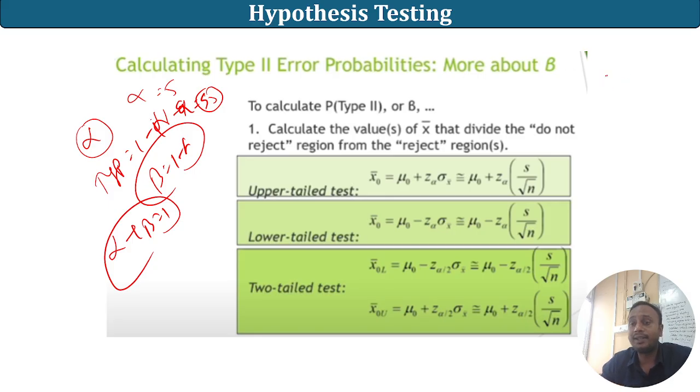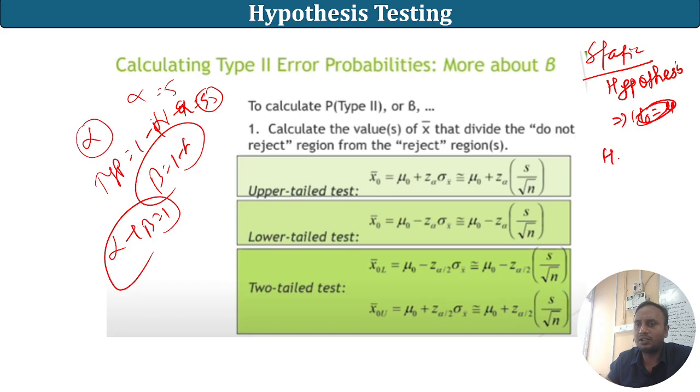After that, in the statistics, once we set the hypothesis, we will have either H naught equal to mu naught. That is one case, there is not much difference.